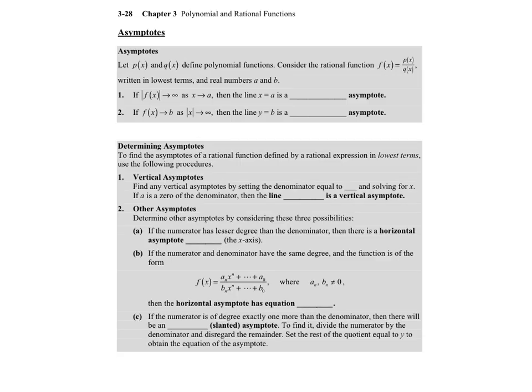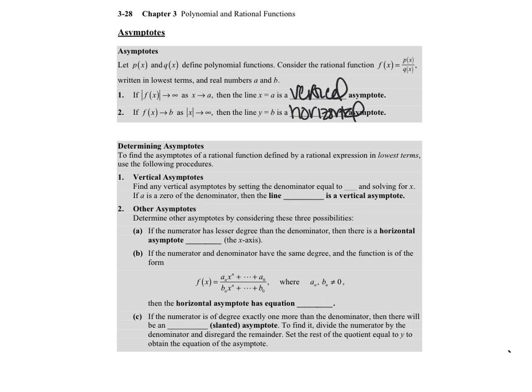Okay, here are your rules for asymptotes. So if p of x and q of x define polynomial functions, consider the rational function f of x equals p of x over q of x, where q of x is still not 0. So the line x equals a is a vertical asymptote, because x equals a is a vertical line, and y equals b is a horizontal asymptote.